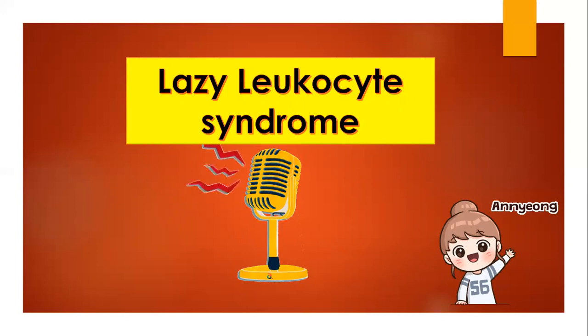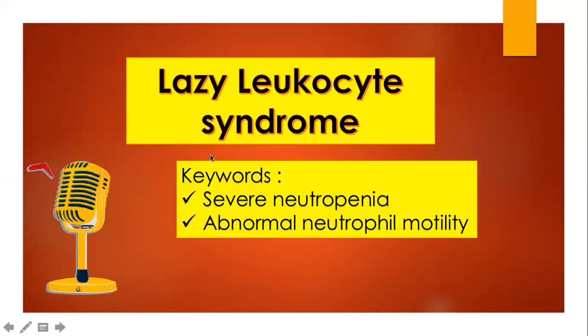But in lazy leukocyte syndrome, both the random and directional movement are defective. And also in this type of condition, the cells fail to respond to inflammatory stimuli, but they have normal phagocytic and bactericidal activity.